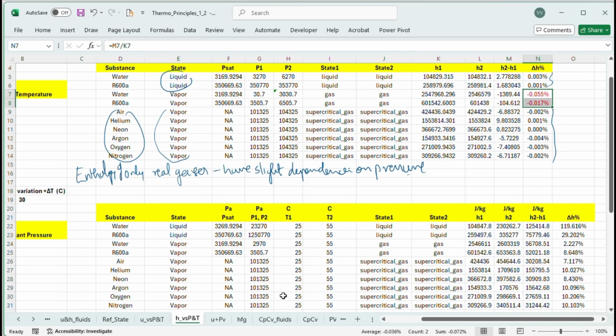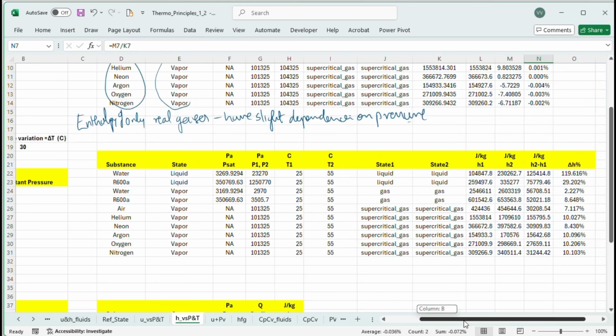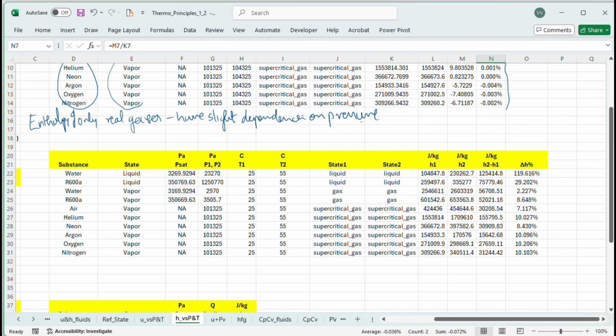All right. Now the next question is, what about temperature? If you look here, we are changing the temperature by 30 degrees C, T1 and T2. For liquids, there's a humongous dependence, so enthalpy changes a lot. For ideal gases also, the enthalpy change is quite significant.